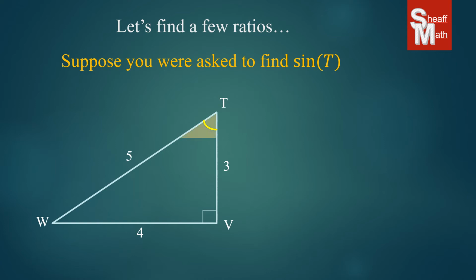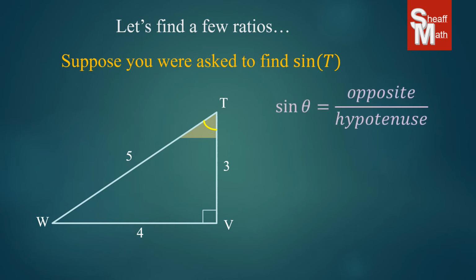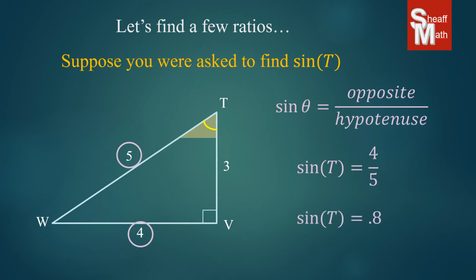Sine equals opposite over hypotenuse, so we're looking for the opposite side, which is 4, and the hypotenuse, which is 5. The sine of t equals 4 over 5, which simplifies to a decimal of 0.8. This is finding the ratio of a trig function.